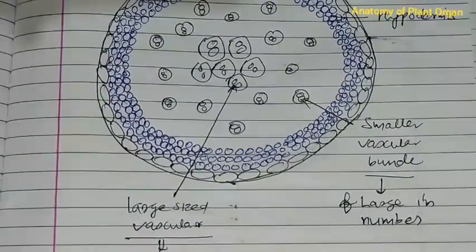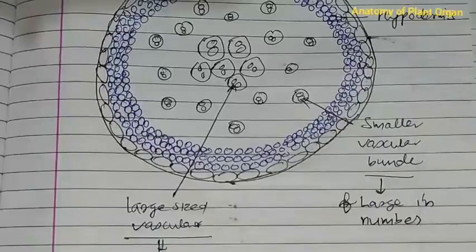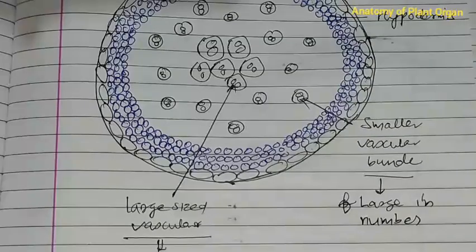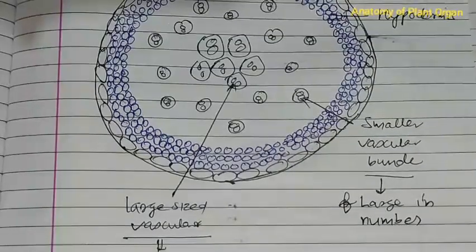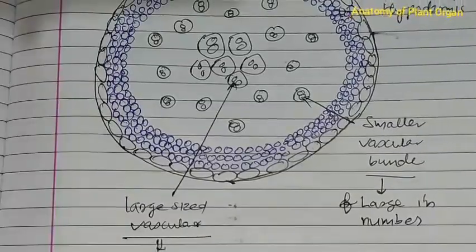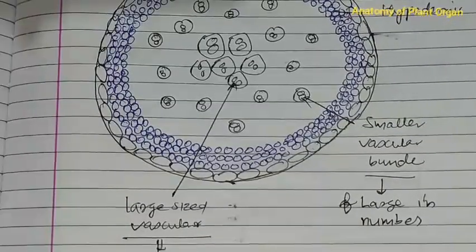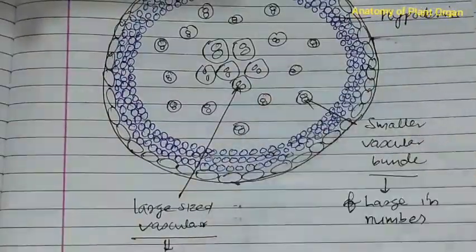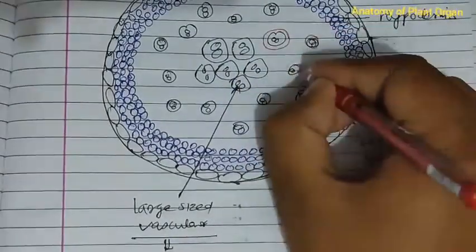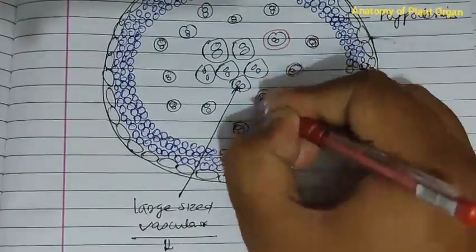Okay, so this characteristic is found, and specifically when we talk about vascular bundles, the bundle sheath is found and that bundle sheath covers all the vascular bundles. So you can see here this red color covering, that is nothing but a representation of what?